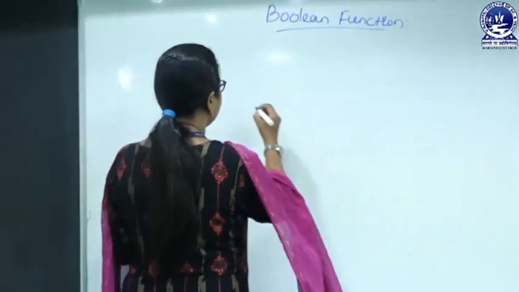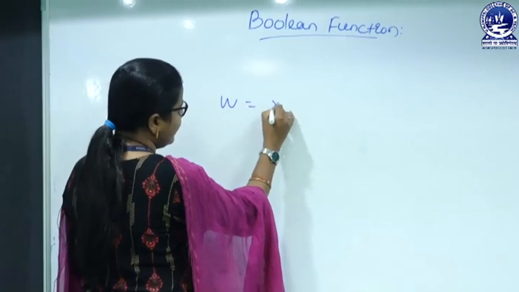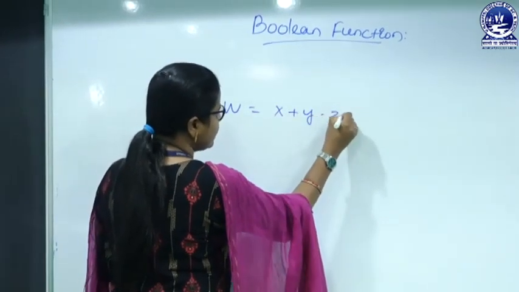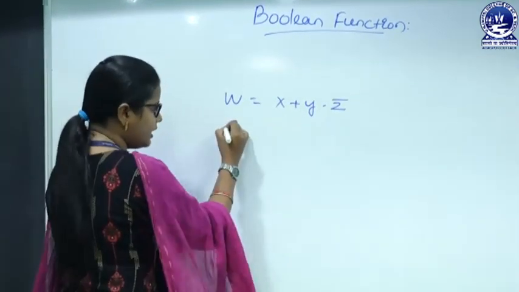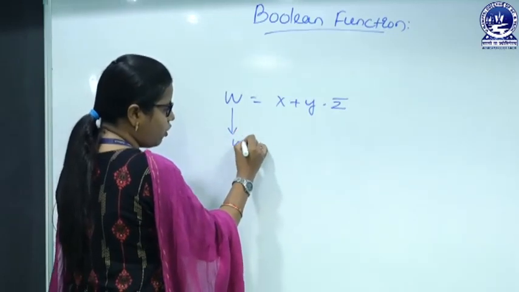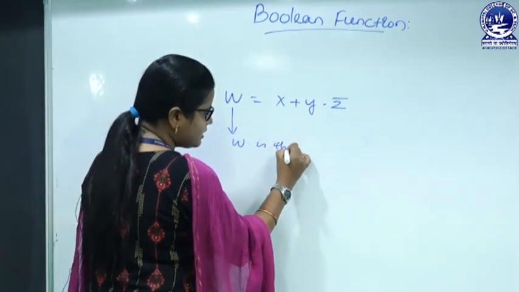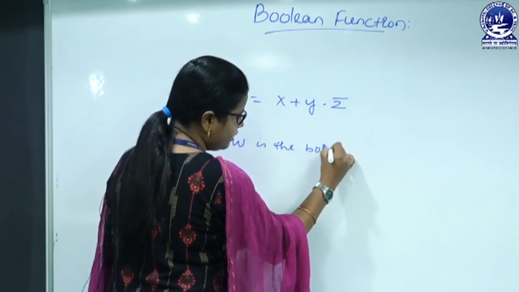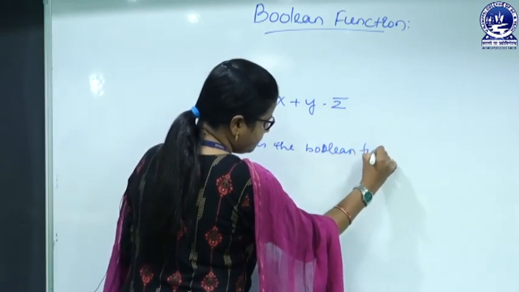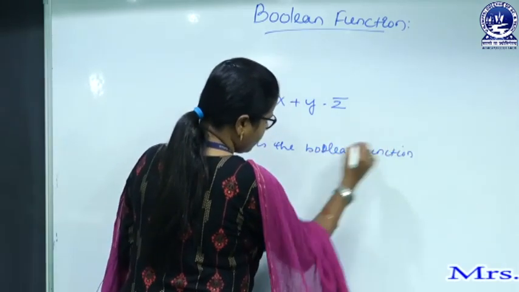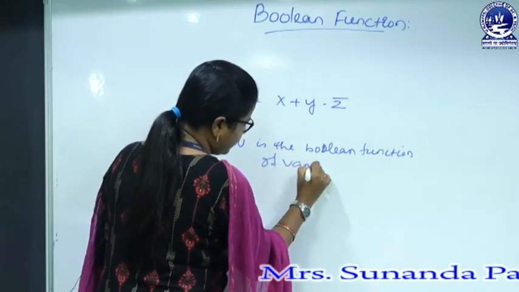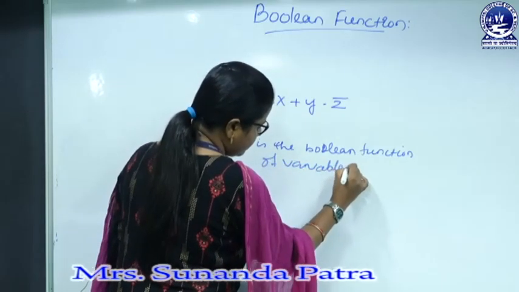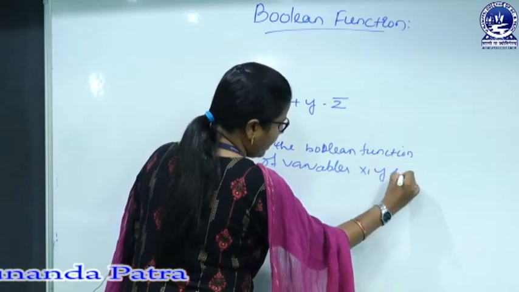Suppose I am writing here w equals x plus y into z complement. So here this w can be called the Boolean function of variables x, y and z.